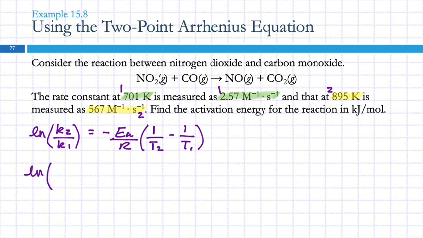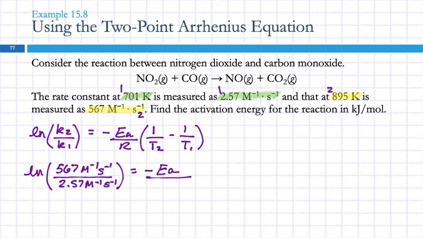So K2 is 567 m to the minus 1 s to the minus 1, divided by 2.57 m to the minus 1 s to the minus 1. And that equals negative EA, which is what we're trying to find, divided by 8.314 joules per mole Kelvin.